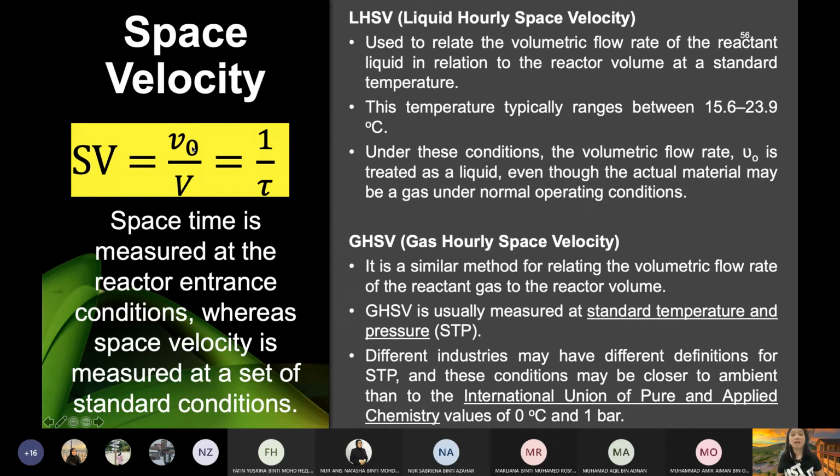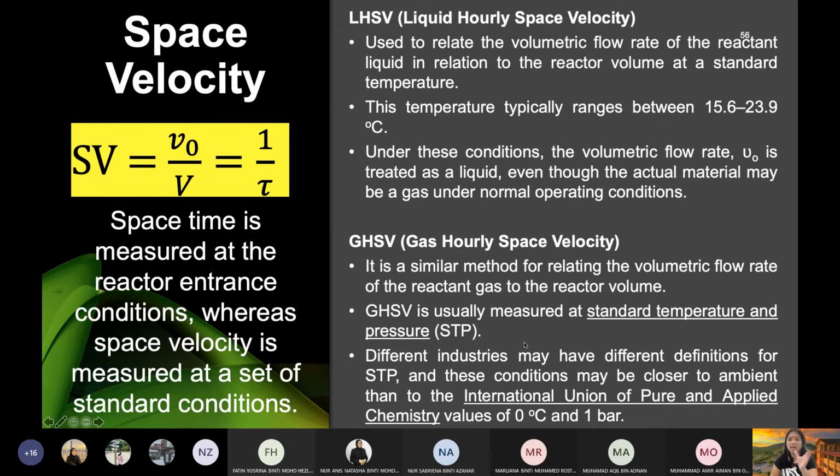Tadi saya kata kalau space time, kita kira je pada entrance condition untuk inlet volumetric flow rate. However, for space velocity, inlet volumetric flow rate ni, you have to measure at very standard condition and it is different for gas and liquid, gas or liquid. Maksudnya kalau liquid, you have to measure the inlet volumetric flow rate at the range temperature between 15.6 to 23.9.